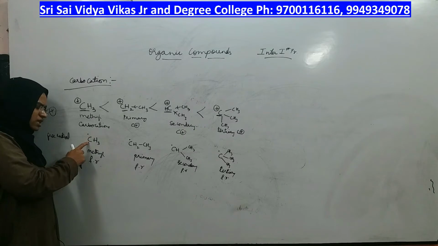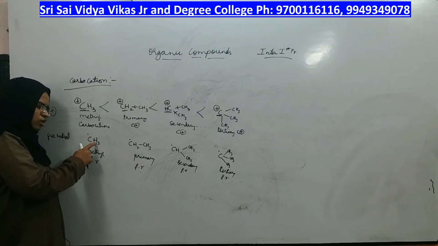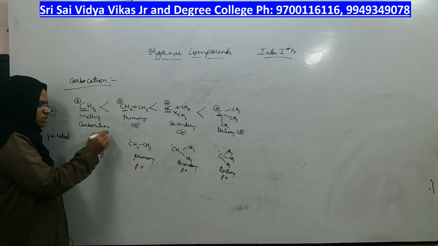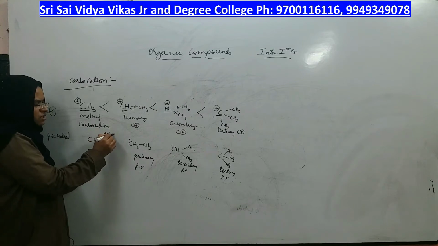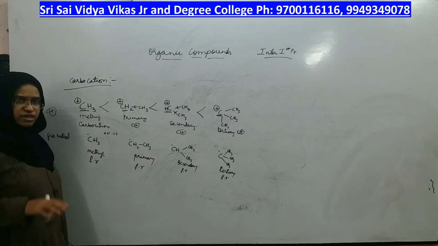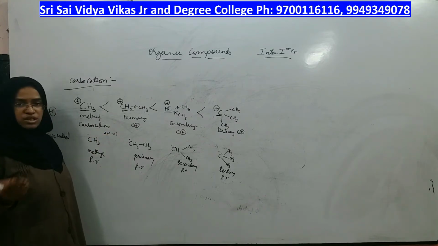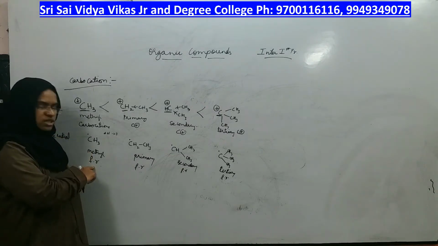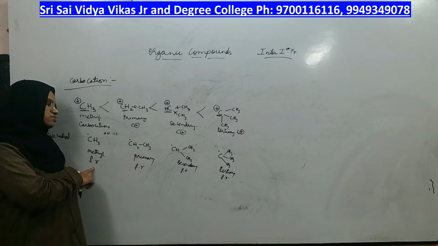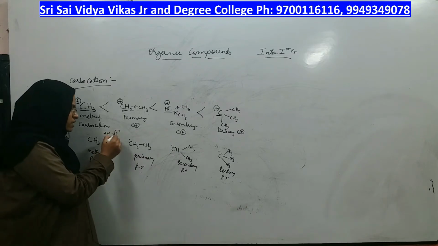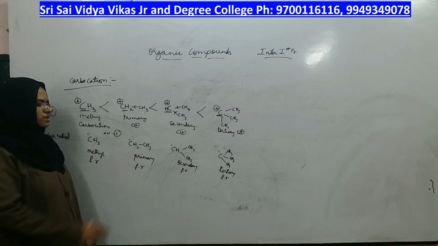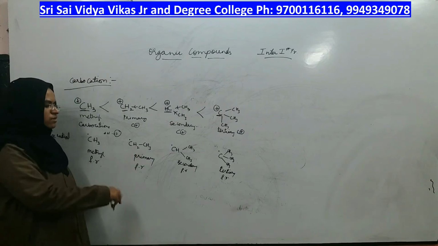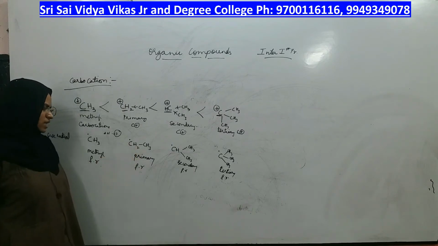This carbon is surrounded with 3 bonds, that means 6 electrons plus 1 electron extra, therefore the number of electrons is 7. The total is not 8, so 1 electron deficiency is there, therefore it is electron deficient. The charge may not be positive, but 1 electron is less. Here also the charge may not be positive, but 1 electron is less, right?